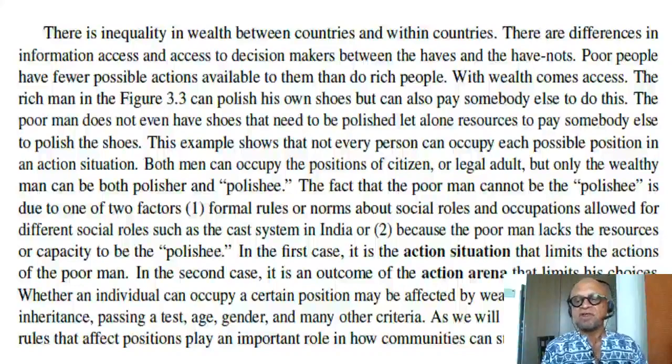So if you are in a social class that doesn't allow you to occupy another position, then that is an outcome of the action arena itself and not the action situation. Whether an individual can occupy a certain position may be affected by wealth, education, elections, inheritance, passing a test, age, gender, and many other criteria.